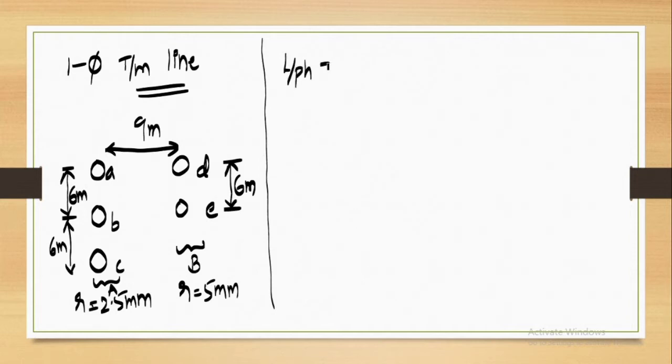How can you find the inductance per phase? Inductance per phase is given by 2 into 10 power minus 7, is it right or not, 2 into 10 power minus 7 ln of dm AB. Let me write like this because it is given as capital AB.